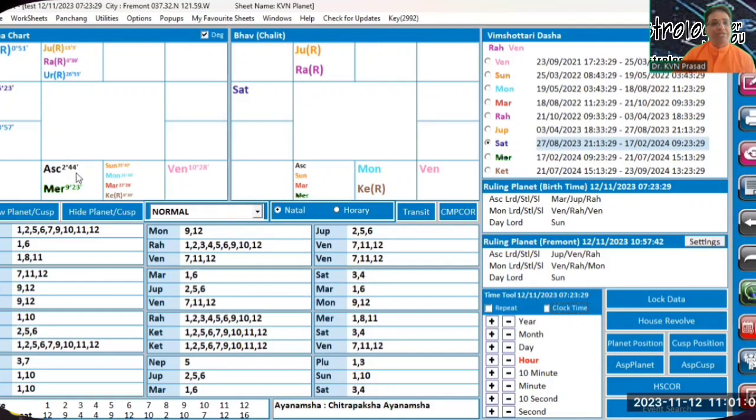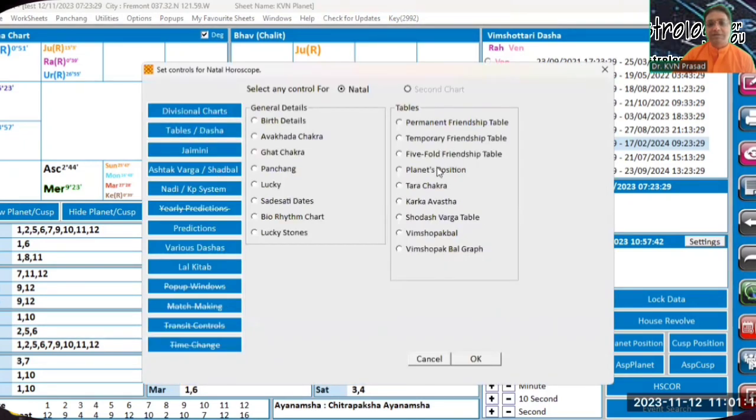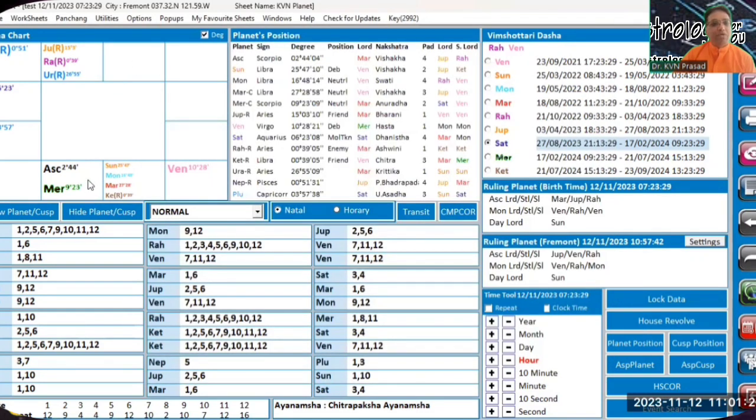A person is born at 2 degrees, 44 minutes. I'm just giving this example. Here in Tula there are 4 planets: Sun, Moon, Mars, and Ketu.